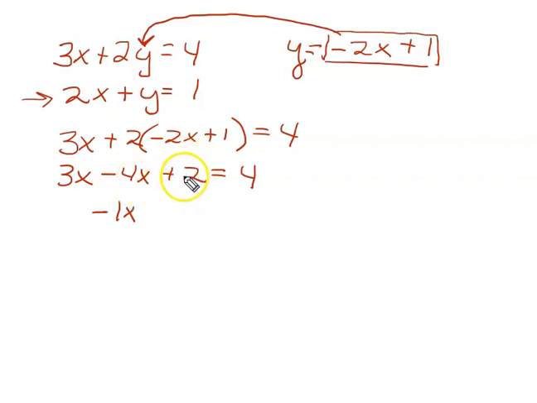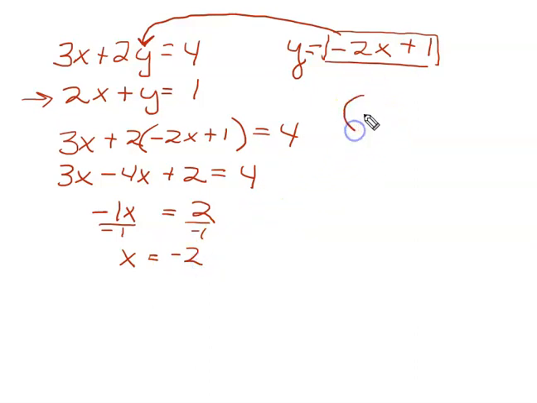Transpose this positive 2 to this side where it becomes a negative 2, where this side ends up being a 2. Now we want to solve for a positive 1x, so we're going to divide both sides by a negative 1. So we get x equals a negative 2.